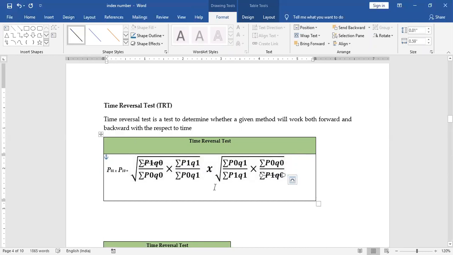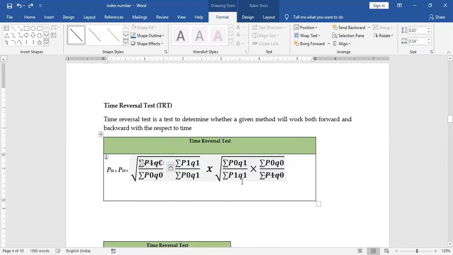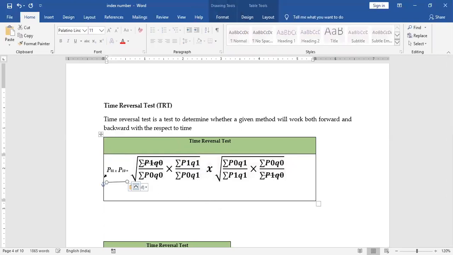Next is P0 Q0 and P0 Q0. P0 Q0 and P0 Q0 I'll be cancelling. So here we have P0 Q0 and P0 Q0.